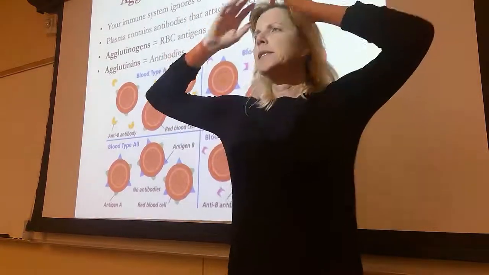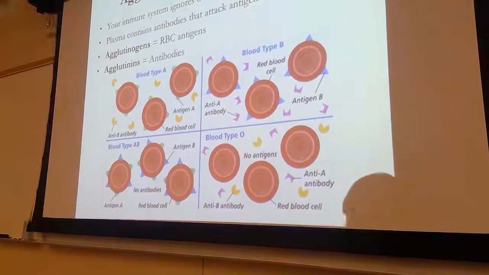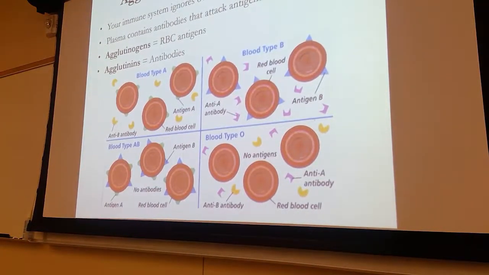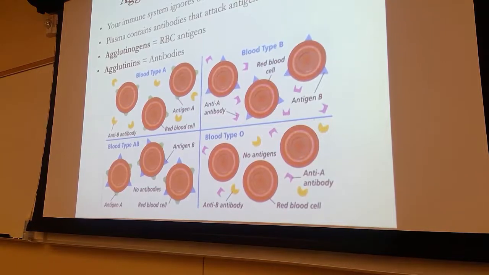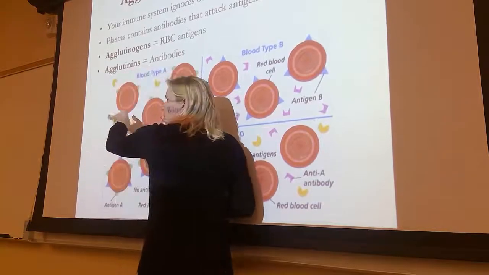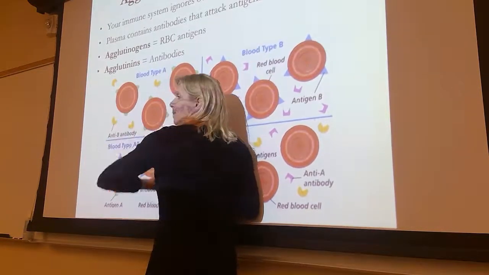All right, where are my blood type A people in here? You have N-acetylgalactosamine as your agglutinogen. What agglutinins should you have? These agglutinins, these antibodies, are floating in your plasma.